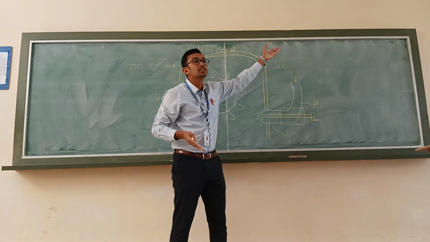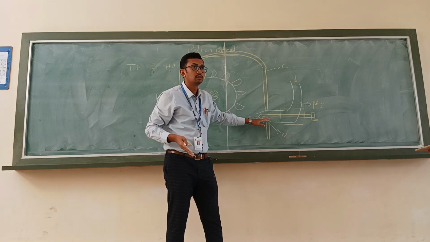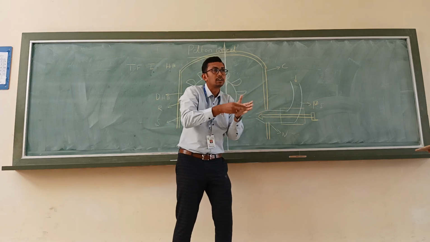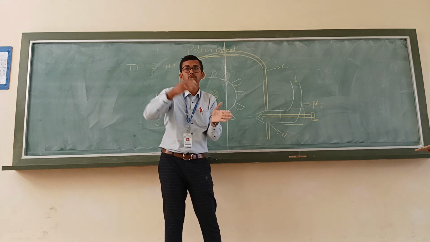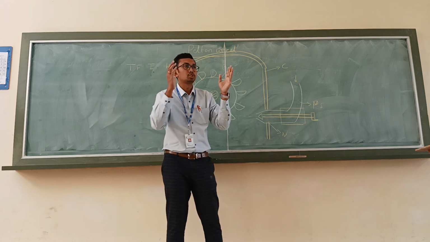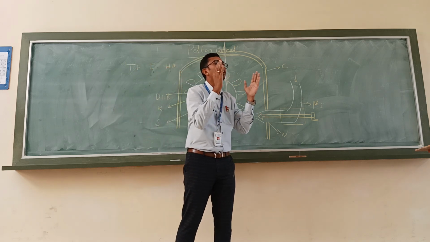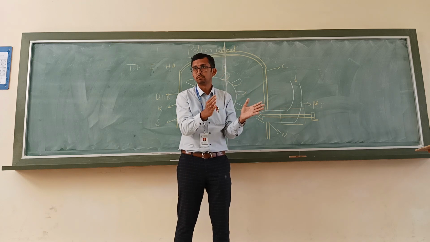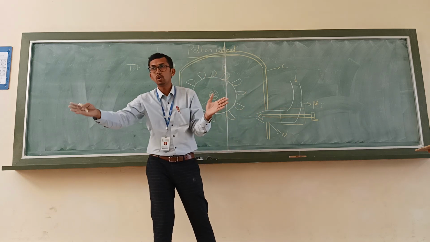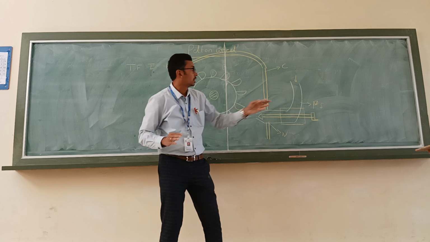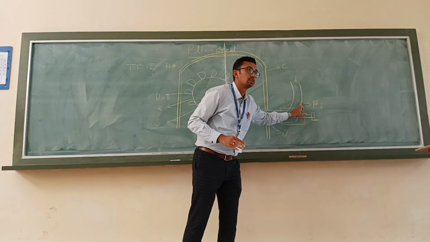While flowing, there will be some conversion of potential energy to kinetic energy. Stored water is an example of potential energy. It has to be converted to kinetic energy, and that will be done in the penstock.